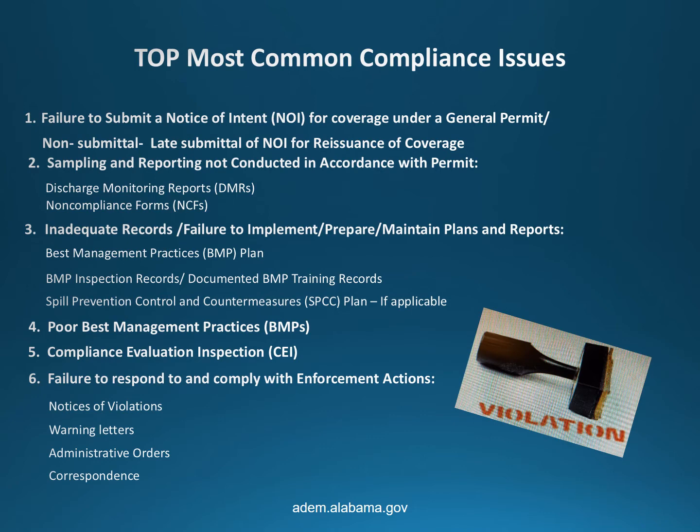We'll discuss inadequate record keeping. We'll also review some visual examples of poor best management practices. We'll talk about the compliance evaluation inspection. And finally, we'll discuss some of the consequences of non-compliance. So let's get started.